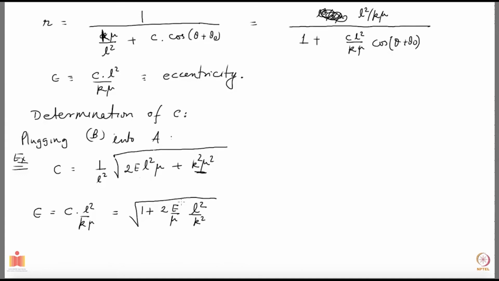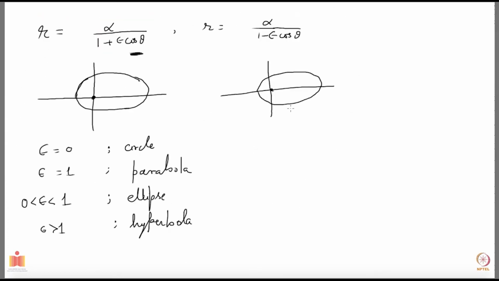Now let's look at our orbits. You remember the minimum energy that this system can take. Let's go back.